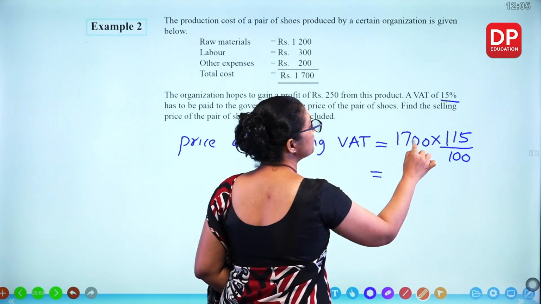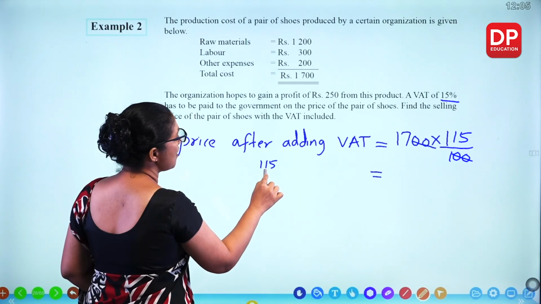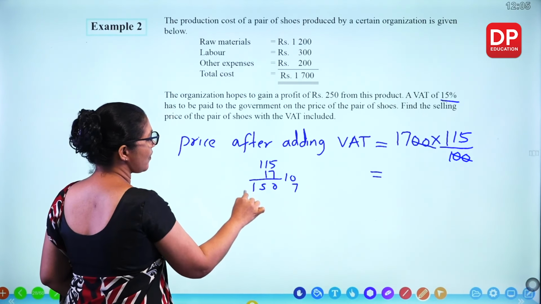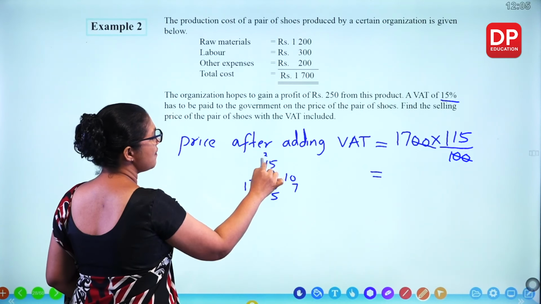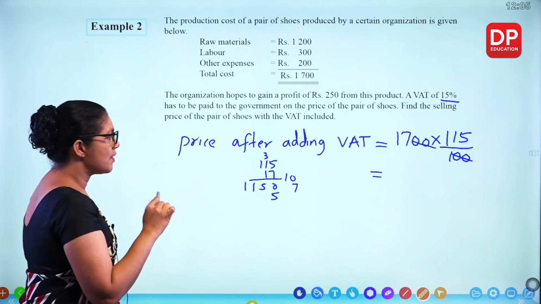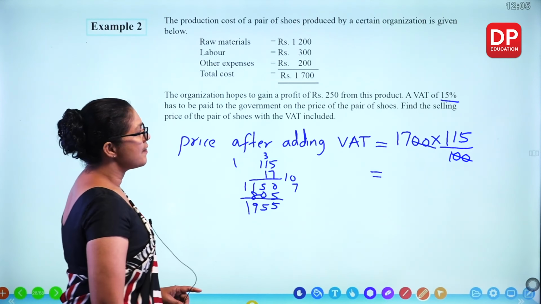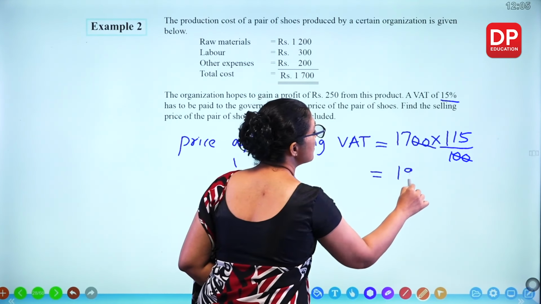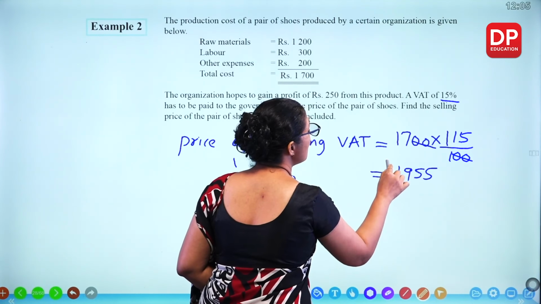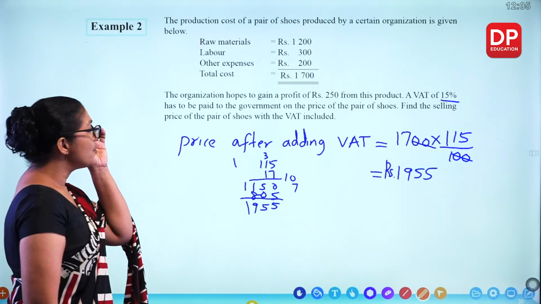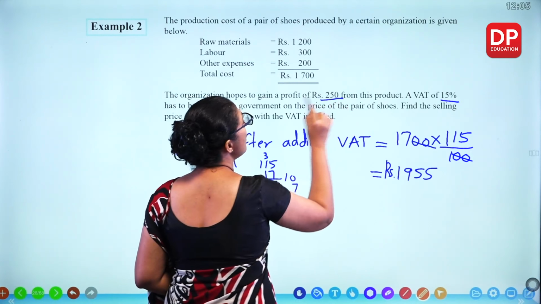Multiply this, 115 multiplied by 17. 10 and 7. 7 times 5, 35. 7 times 1, 7 plus 3, 10. 7 times 1, 7 plus 1, 8. So you get 1955 with that VAT value.